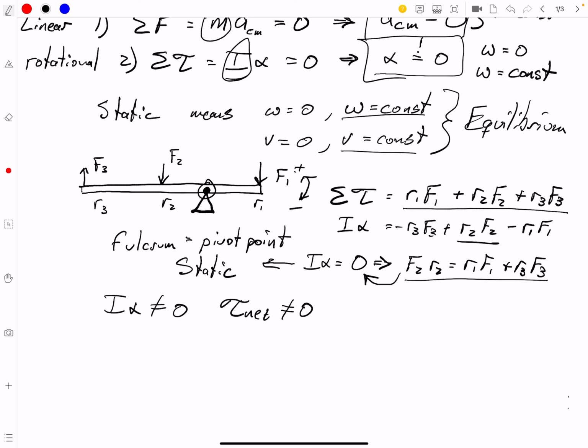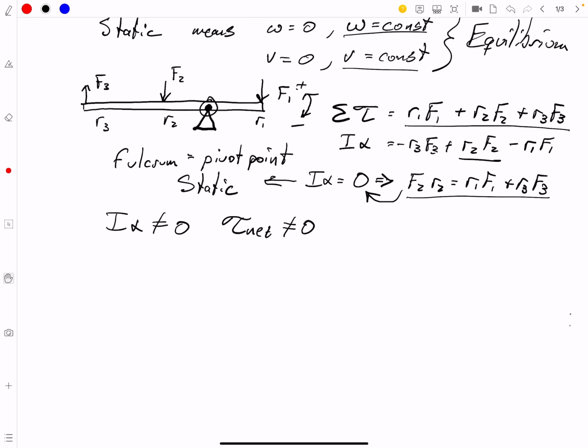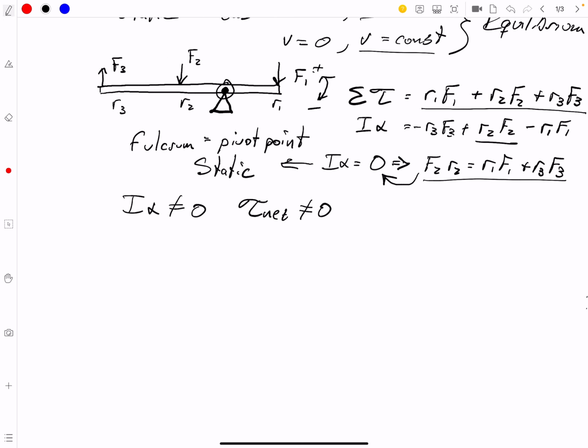And the net torque then is, oh boy, something we have to deal with, or we will have as an answer, or whatever. It'll be a part of our situation.